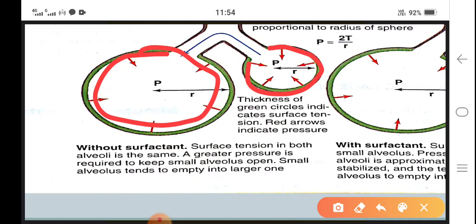To open it, there is a requirement of a pressure, which leads the air present in the small alveolus, and this air is poured into the greater alveolus. The thickness of the green circle indicates surface tension and the red arrow indicates the pressure.